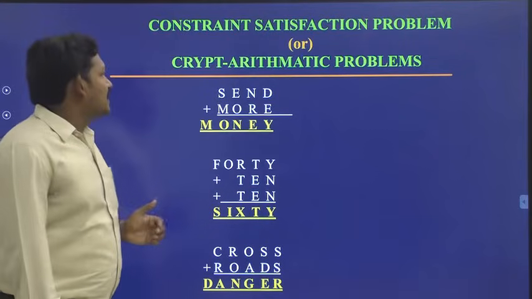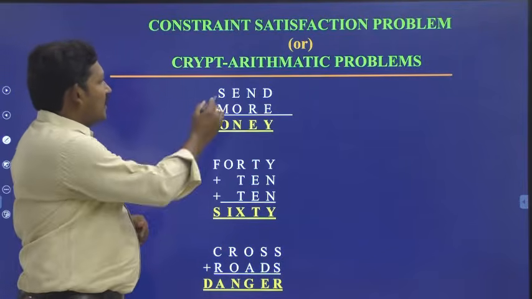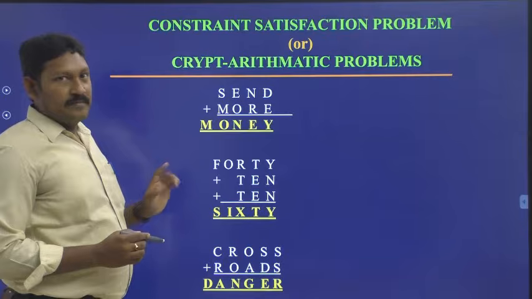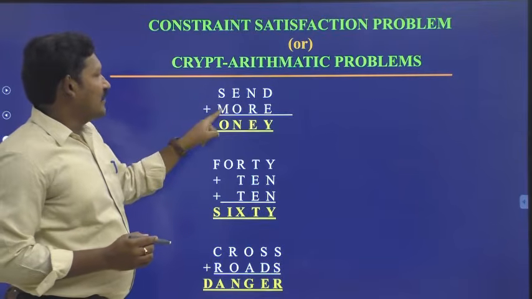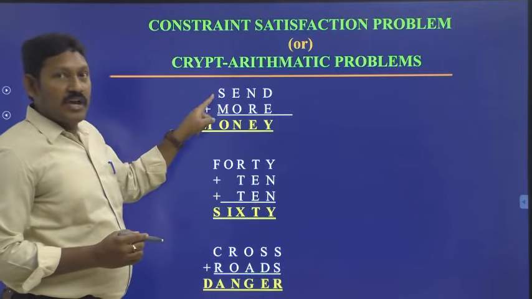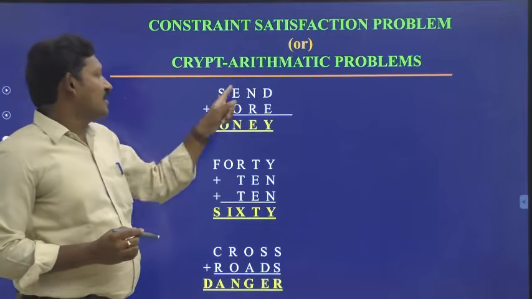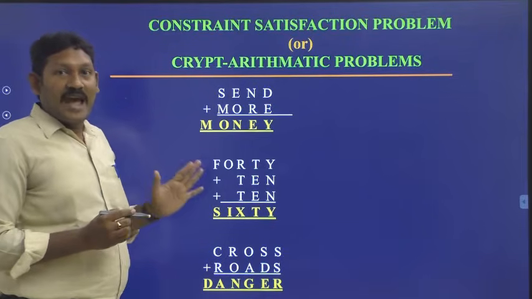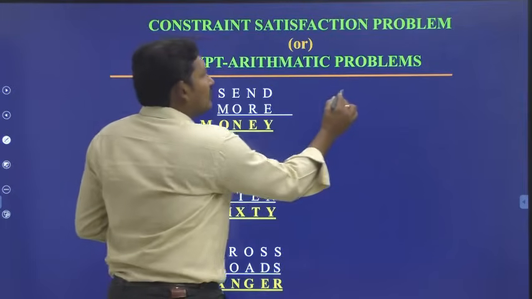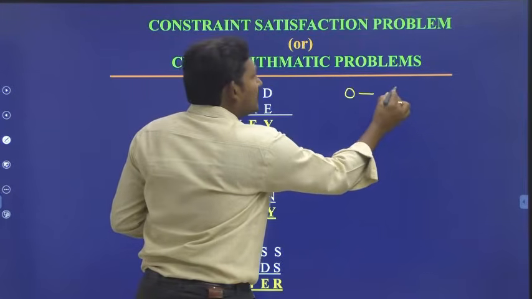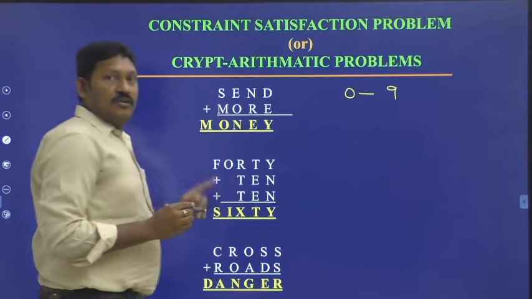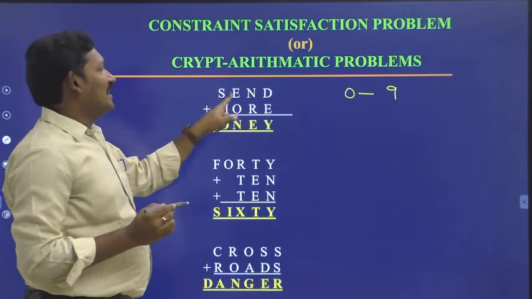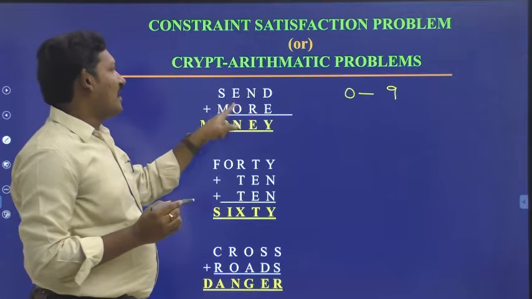Okay. So, let us suppose, here we will see the first one, SEND plus MORE equals MONEY. If we add these two, we should get MONEY. So, here what we have to do is, we can assign a value from 0 to 9 to any alphabet. So, we have different letters S, E, N, D, R, O, like that.